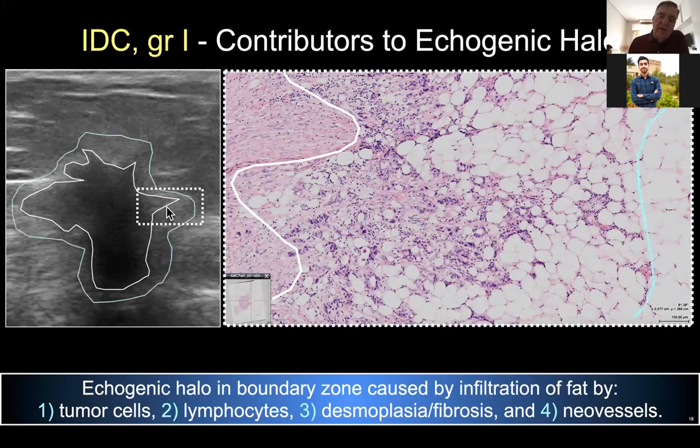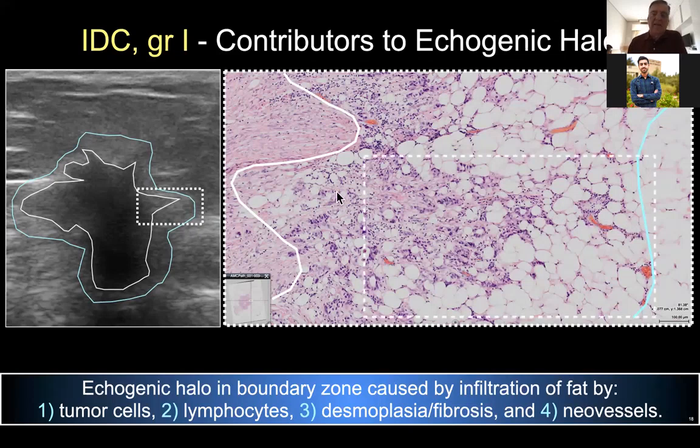The boundary zone here is the thick echogenic rim that lies between the white region of interest line and the aqua colored region of interest line. And that's in this area right here between the aqua line and the white line.